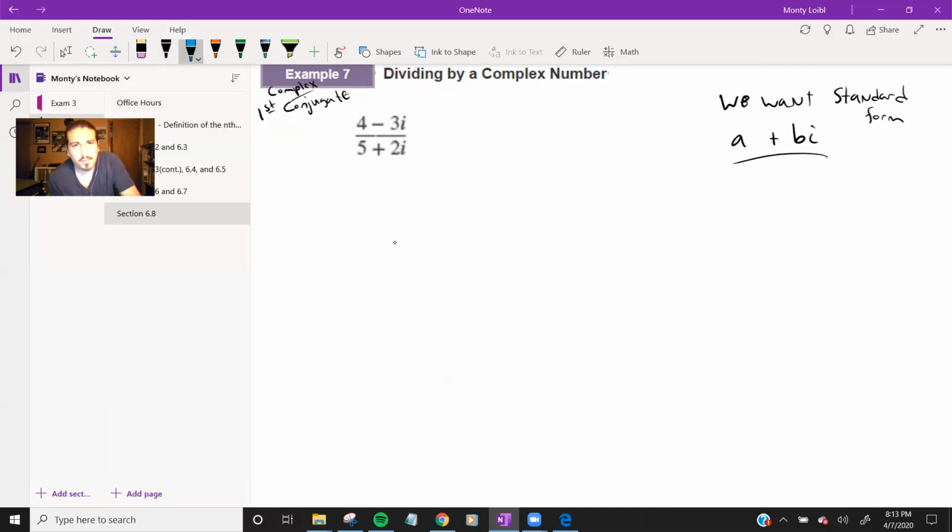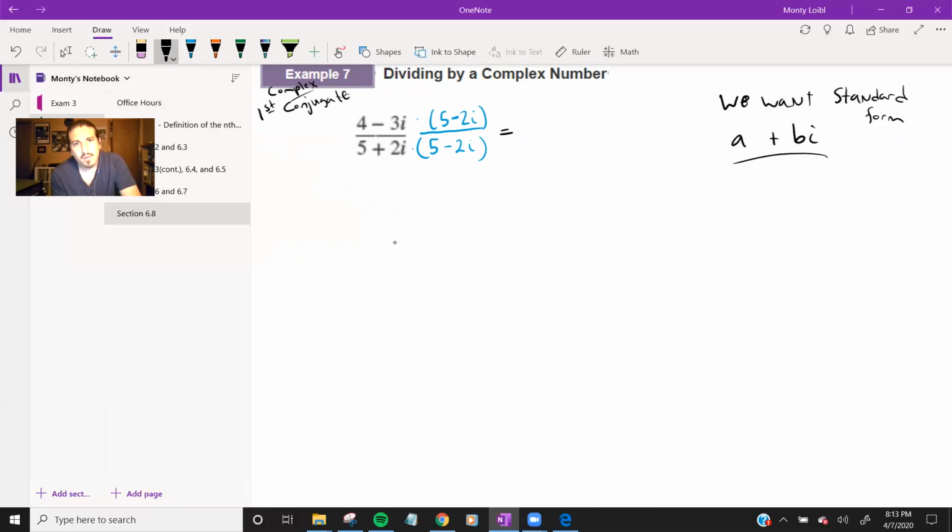So we're going to multiply by 5 minus 2i. And since we did multiply it in the denominator, we also have to multiply it in the numerator. So that, and then 5 minus 2i. Okay, so we have done the work up above, right? 5 plus 2i times 5 minus 2i.